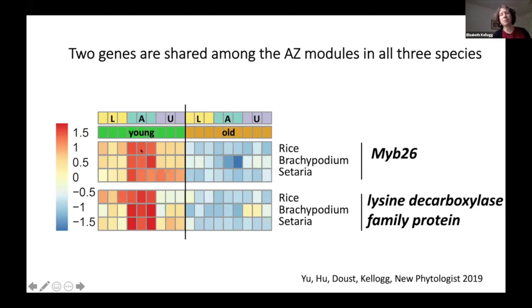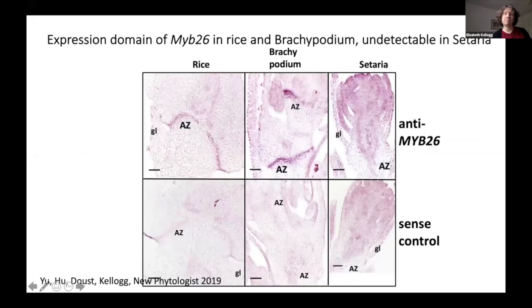So here's the MIB, highly expressed in the abscission zone at a young stage, and the lysine decarboxylase also among all 3 species. There's the expression domain of this MIB is in the abscission zone, so that's good. In 2 of the species. Couldn't pick it up in Setaria, which either means that the RNA-seq is misleading or this method, in situ, is not sensitive enough.